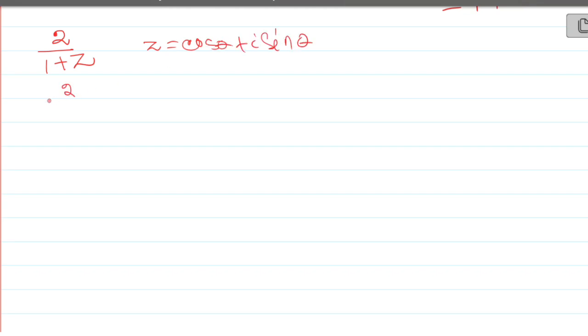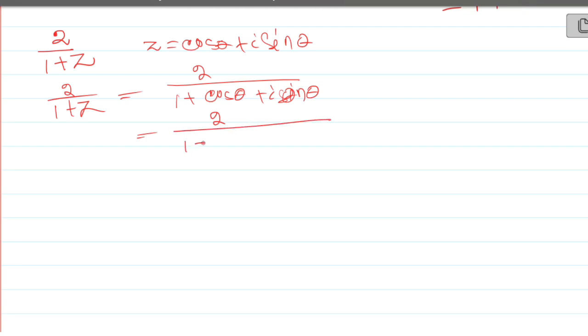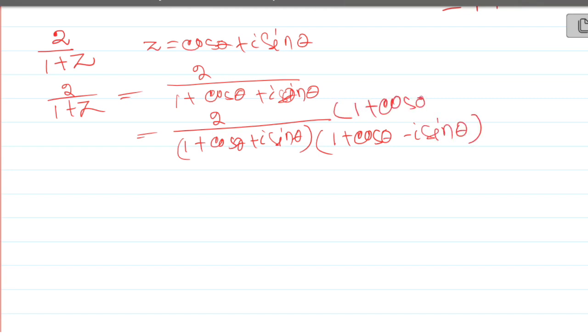So 2 by 1 plus z equals 2 by 1 plus cos theta plus I sin theta. Now I can multiply by 1 plus cos theta minus I sin theta, above and below.